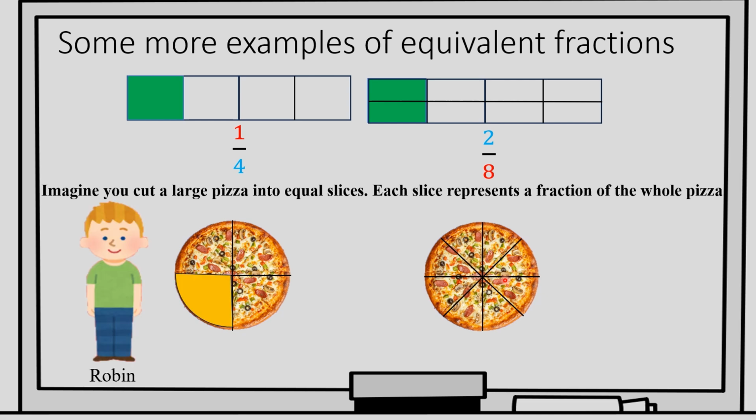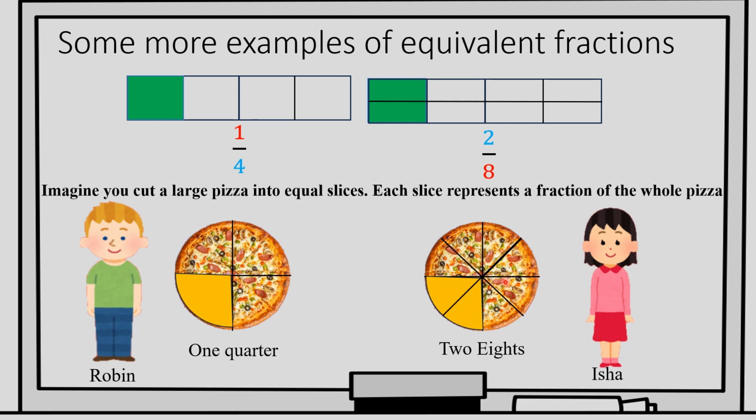Robin comes and eats 1/4 and Aisha comes and eats 2 pieces out of this. But from the looks of it you can make out that both are eating equal quantities. Robin is eating 1/4 and Aisha is eating 2/8, but it is the same as 1/4. So 1 by 4 and 2 by 8 are called equivalent fractions. They represent the same 1/4.